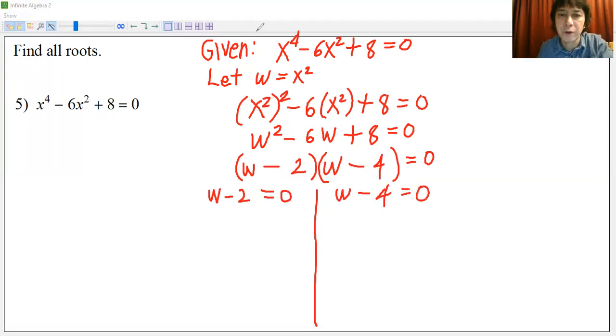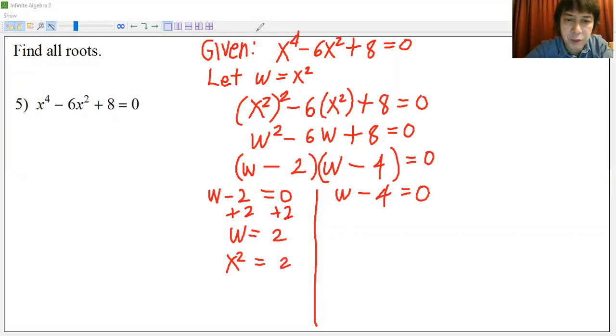And then solving for w, let's start with the first one. w minus 2 equals 0. We add 2. And w is positive 2. After which we can solve for the x. Replacing w with x squared equals 2.